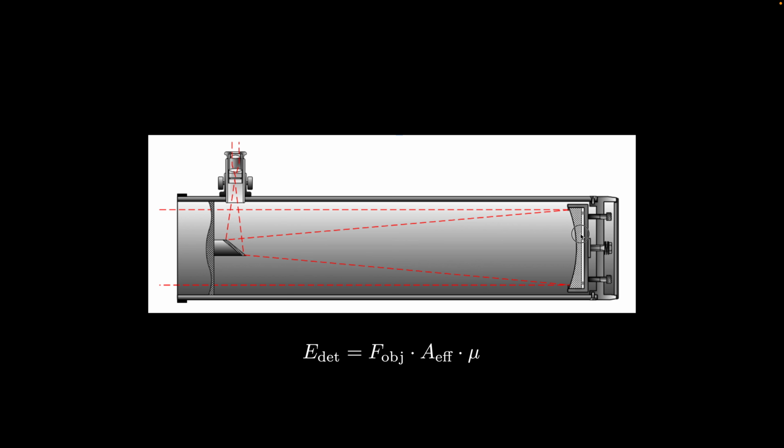So we have the mirror size at the back and the mirror size here, so that we have the irradiance of the object times the effective collecting area, because this area is also obstructed by this one here, times the reflectance of the telescope.